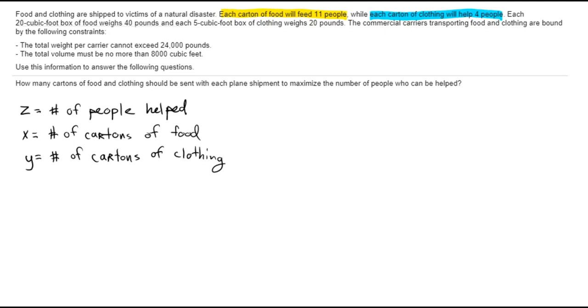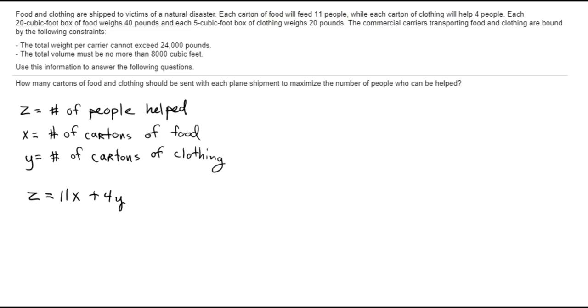So the number of people helped, z, is given by 11 times x, because 11 people for x cartons of food, plus 4 times y, or 4 people for each carton of clothing y. So that's our objective function, and that's how we're going to test how we maximize.